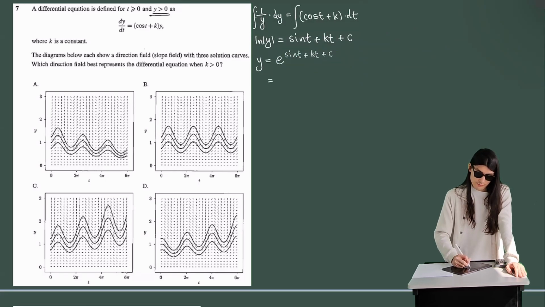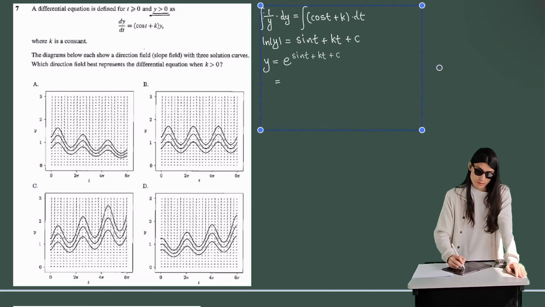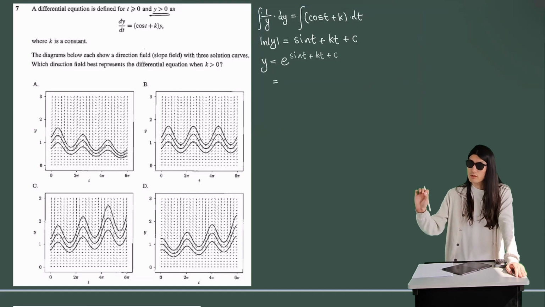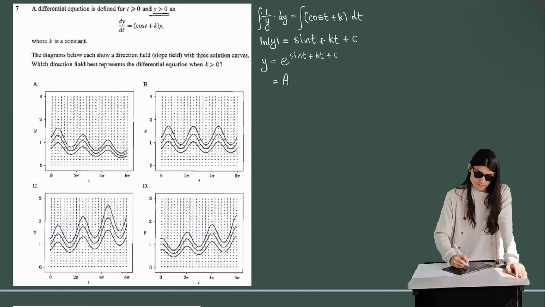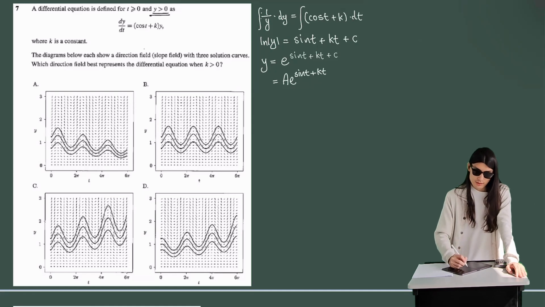And I'm sure you guys have done this multiple times in this topic, when you solve differential equations, right? That e to the power of c can be split out. And you can write the general solution as a times e to the power of sine t plus kt. Can't you?